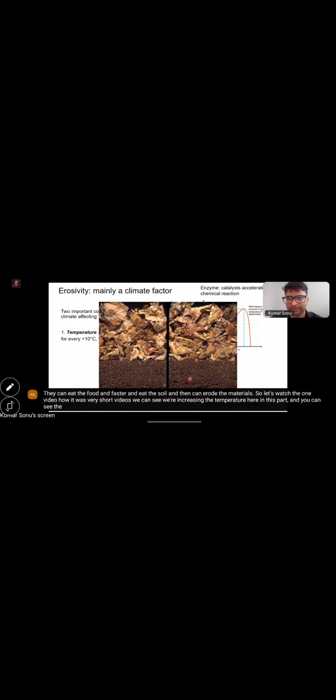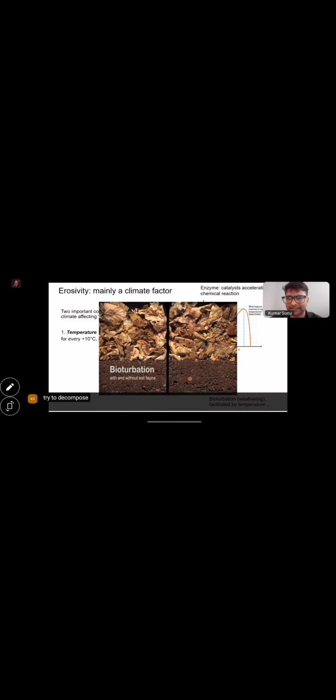So let's watch one very short video. We can see that as we increase the temperature on this side, the biological reactions start eating and try to decompose the soil and these leaves. On the other side we are not increasing the temperature, so this process will be much slower.